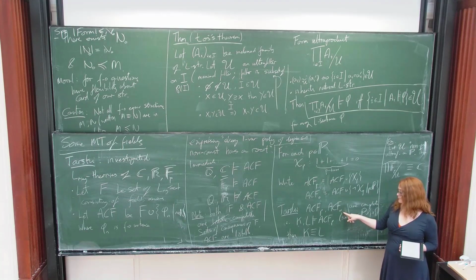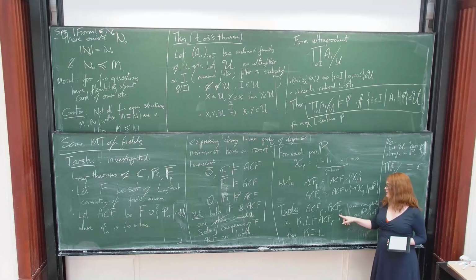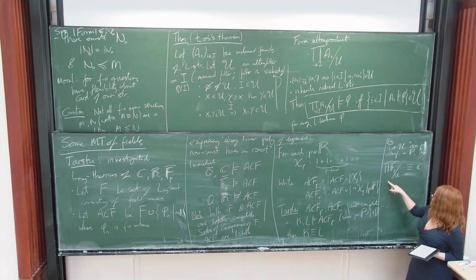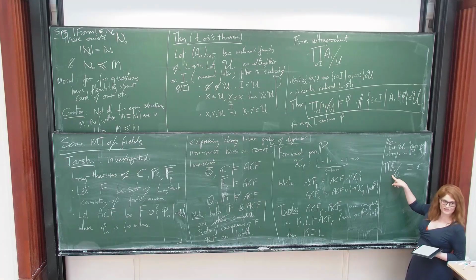Well, one way of looking at that is, now ask yourself, what is the characteristic of this structure? Well, it can't be 2, because only the p equals 2 coordinate structure believes that, all the others believe not that.